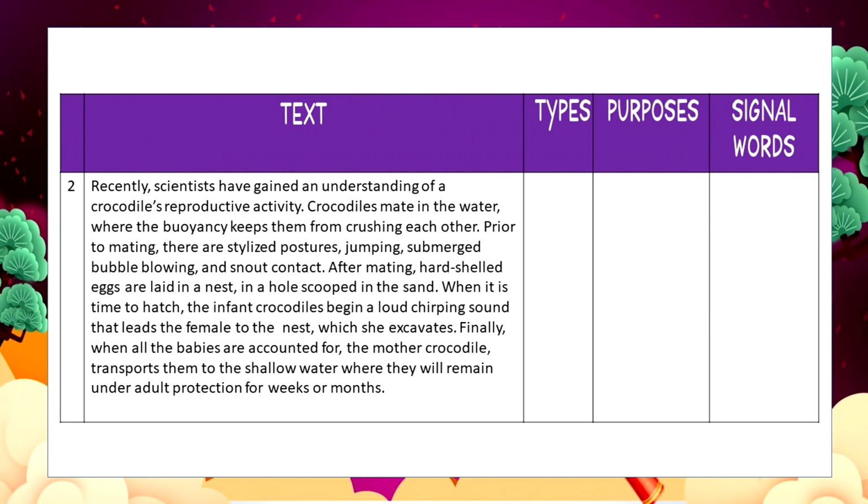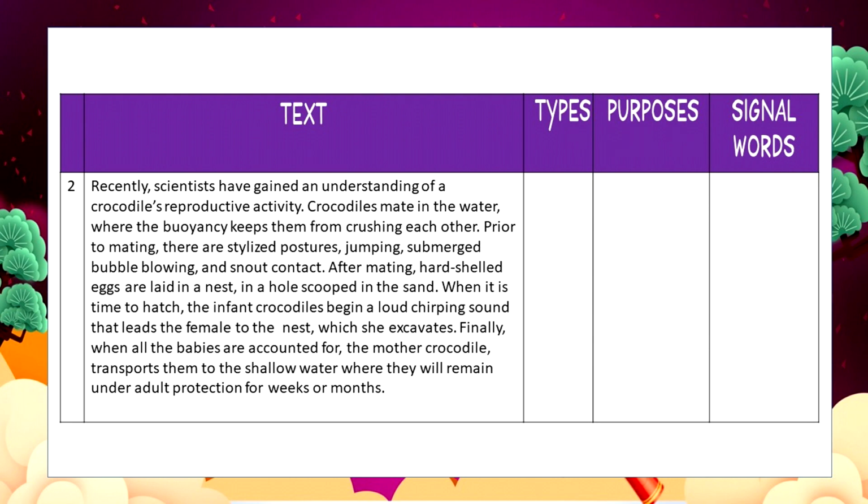After mating, hard-shelled eggs are laid in a nest, in a hole scooped in the sand, where it is time to hatch. The infant crocodiles begin a loud chirping sound that leads the female to the nest, which she excavates. Finally, when all the babies are accounted for, the mother crocodile transfers them to the shallow water, where they will learn under adult protection for weeks or months.